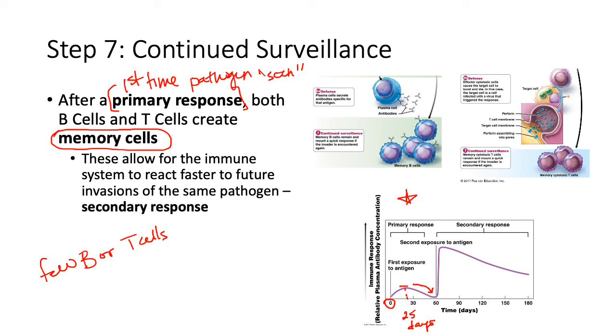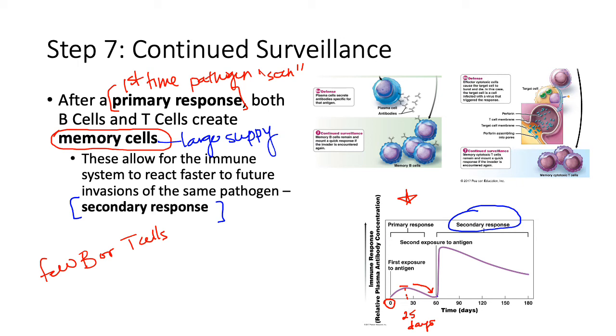But after the primary response, because now we have a large supply of memory cells, we're able to react faster to future invasions of the same pathogen. That faster second response is called the secondary response. If we look at that portion of our graph, notice that the secondary response is super fast.